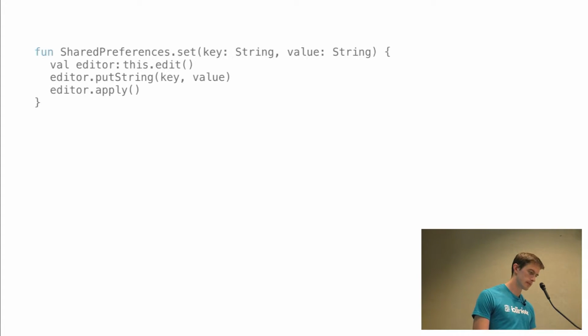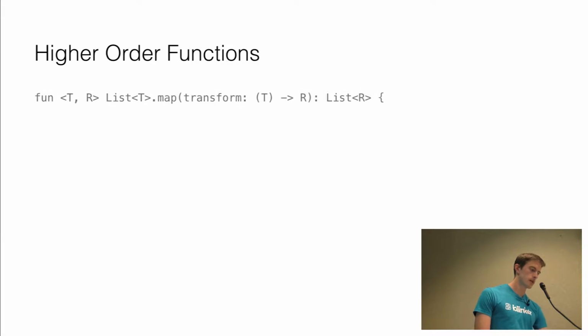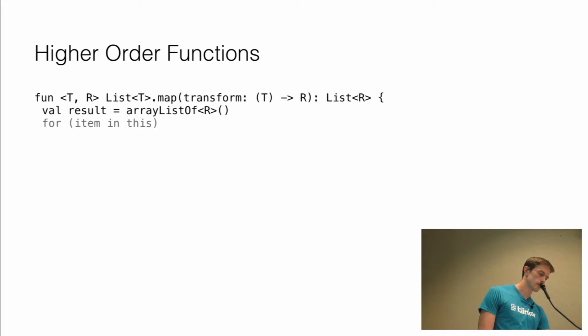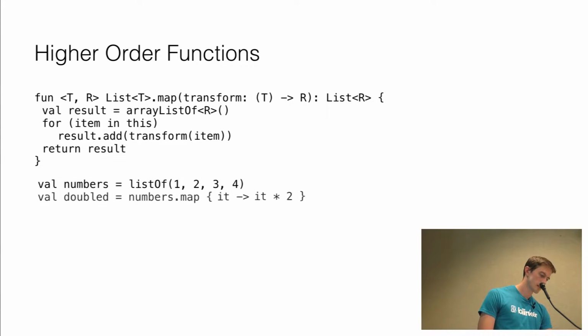What's the it again? Is that like a magic name? Or is that any identifier? It is just referring to the item that you're working on. So in this case, the first pass through, it is number 1, and then it is number 2, it is number 3.